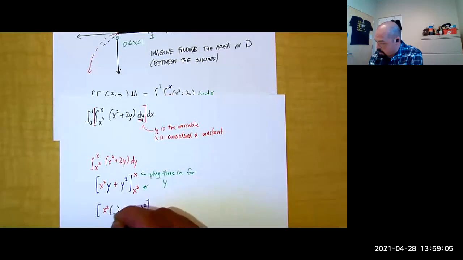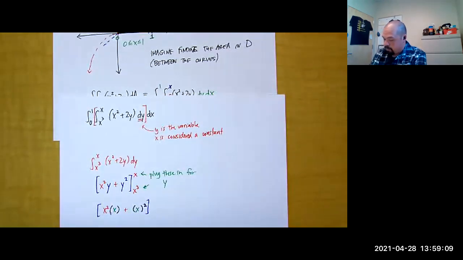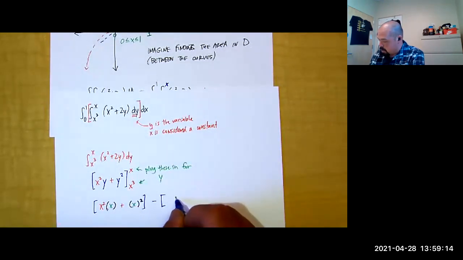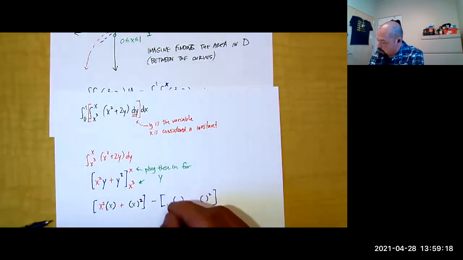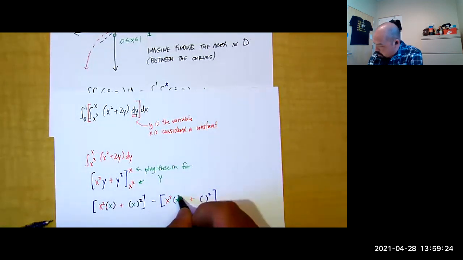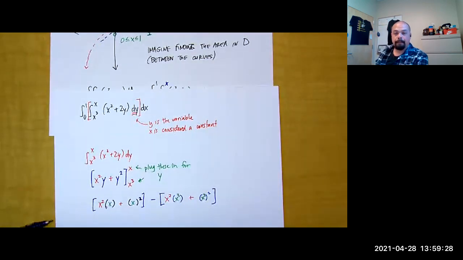But what's that y? The upper limit x, take away the lower limit x cubed. So upper limit, take away lower limit.